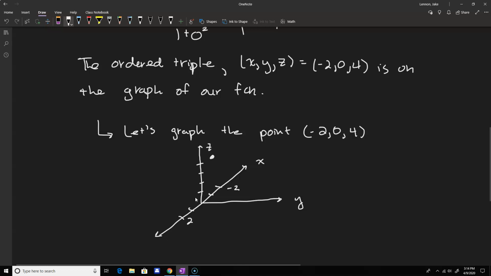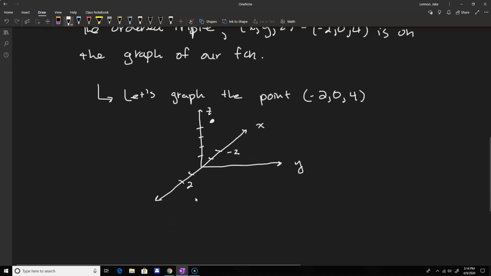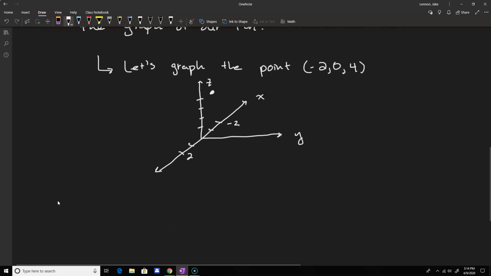Okay, let's go ahead and continue with this example. Let's plug something else into our f of x, y function. Let's say b, we want to do f of -1, 4. Remember our function was x squared over 1 plus y squared. So we're going to have (-1) squared divided by 1 plus 4 squared. This comes out to 1/17.